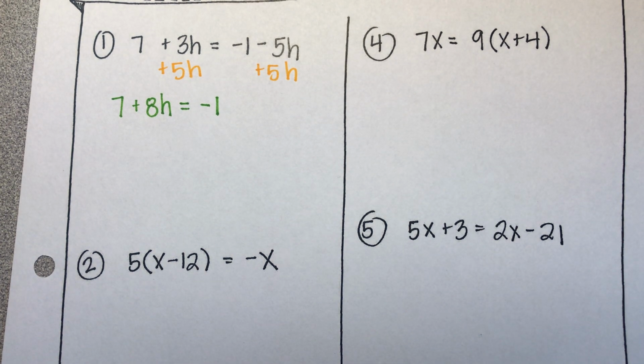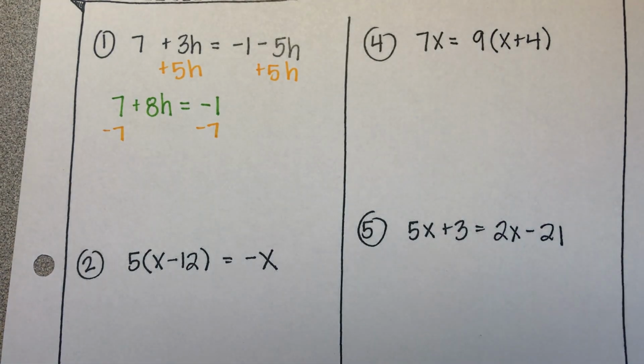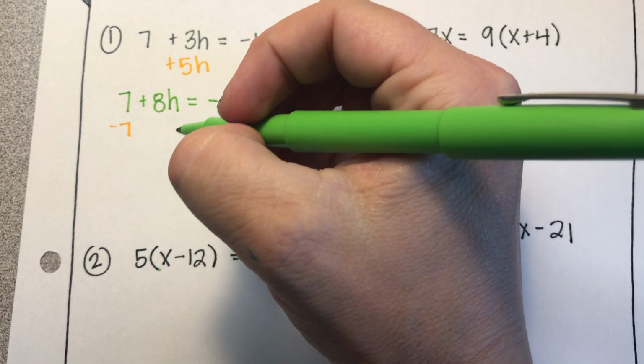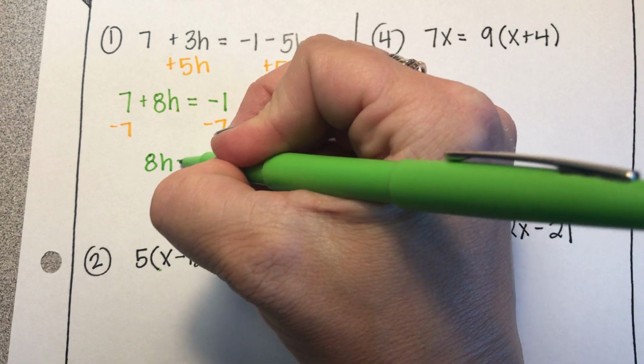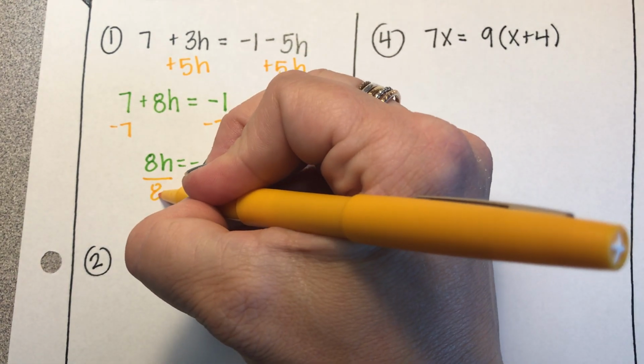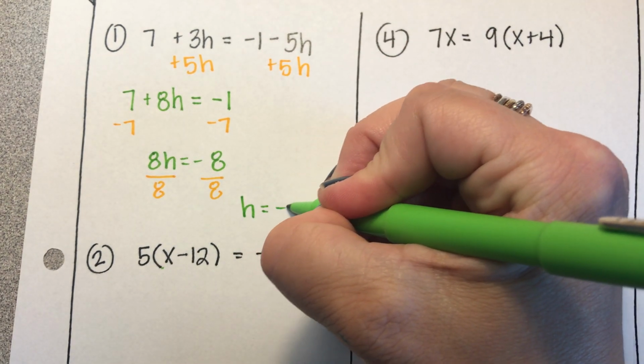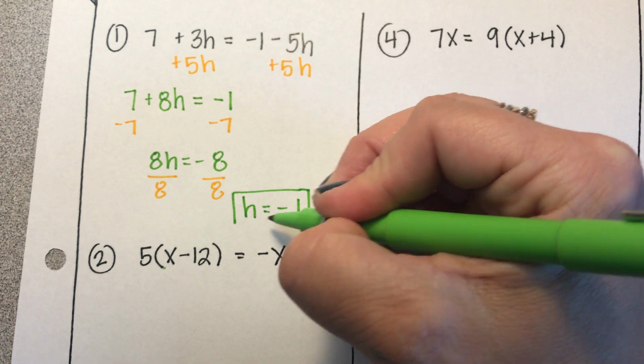Now it should look super familiar. Subtract 7, subtract 7. 8h equals negative 8. Divide both sides by 8, and we get h equals negative 1.